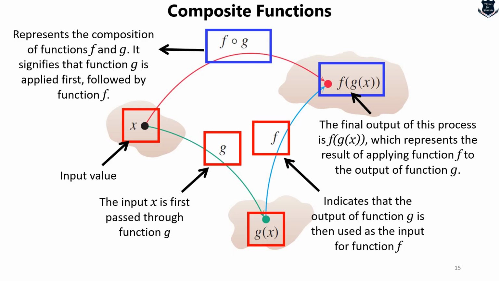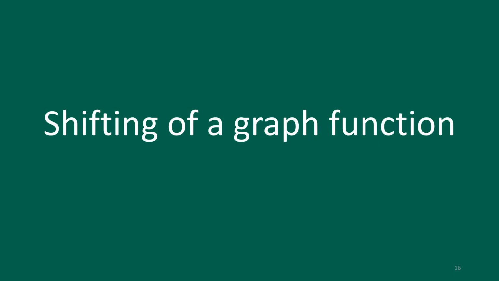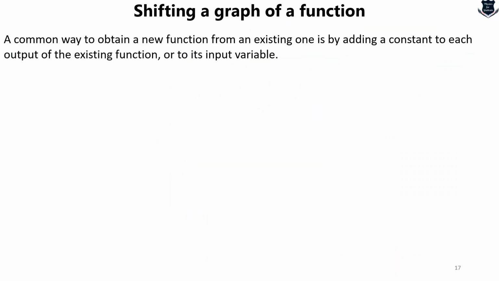Now from here we move to a very important topic, which is shifting of a function graph. That means we can shift the graph vertically or horizontally, in a way we will see now. A common way of obtaining a new function from an existing one is by adding a constant to each output of the existing function.